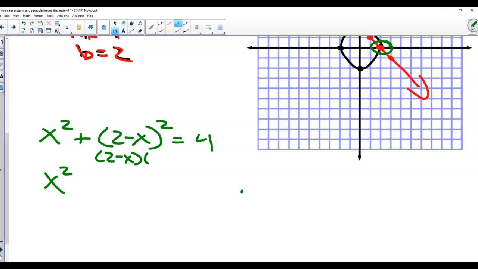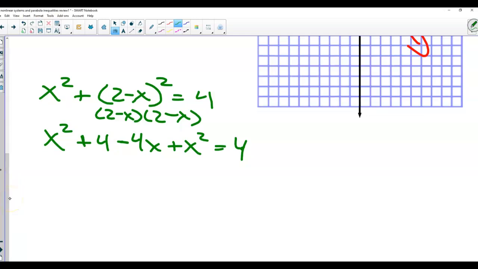It's 2 minus x times 2 minus x. So that becomes plus 4 minus 4x plus x squared equals 4. When I combine and move everything over, x squared and x squared is 2x squared. We subtract the 4 on both sides, the 4's go. Minus 4x equals 0.